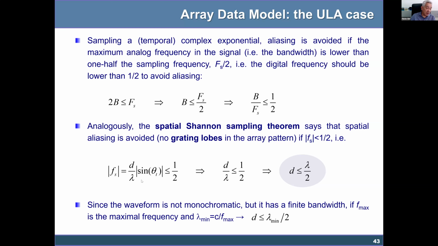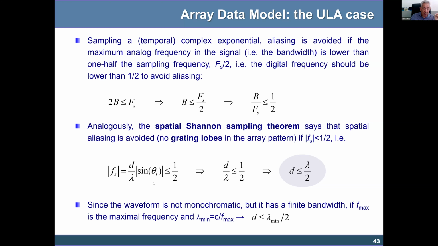But the modulo of the normalized frequency is d over lambda times the modulo of the sine. Now, the sampling interval here is d, remember. The sampling in time is made at intervals Ts. The sampling in space is made at intervals d. So the sampling interval d should be selected in a way that the spatial Shannon sampling theorem is satisfied.